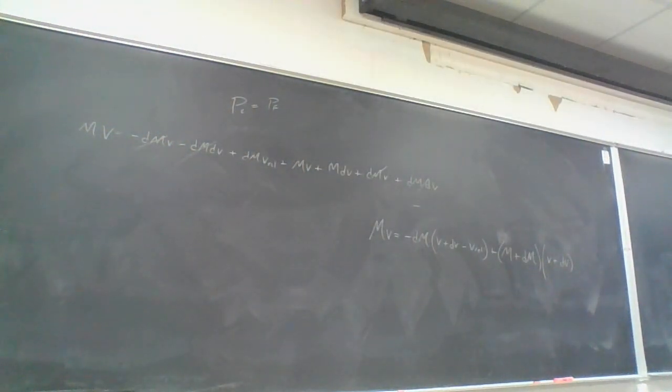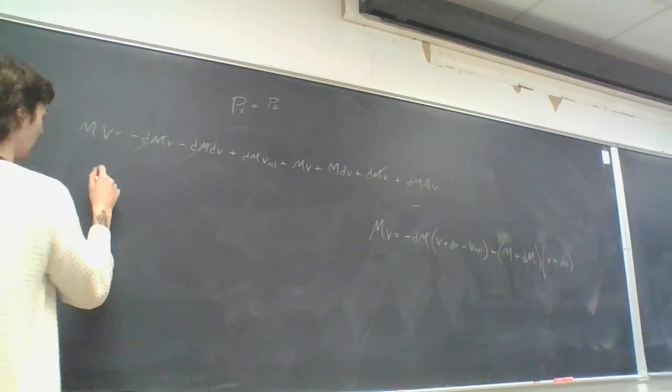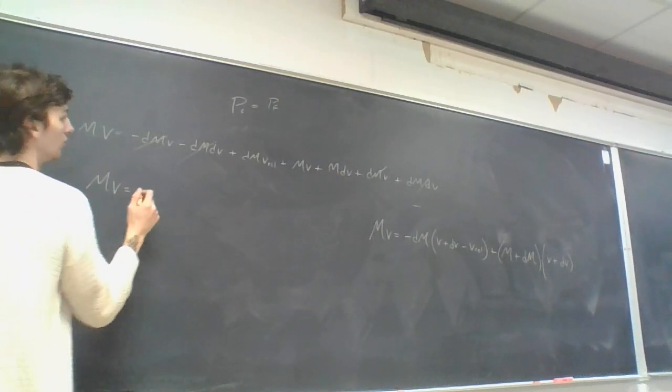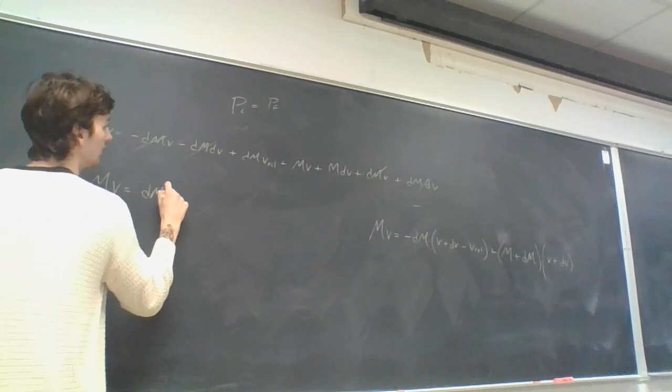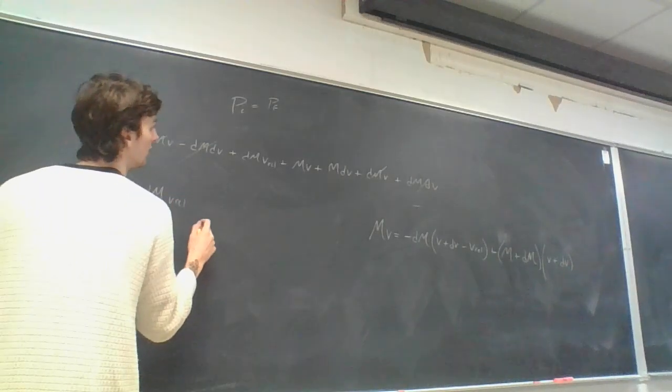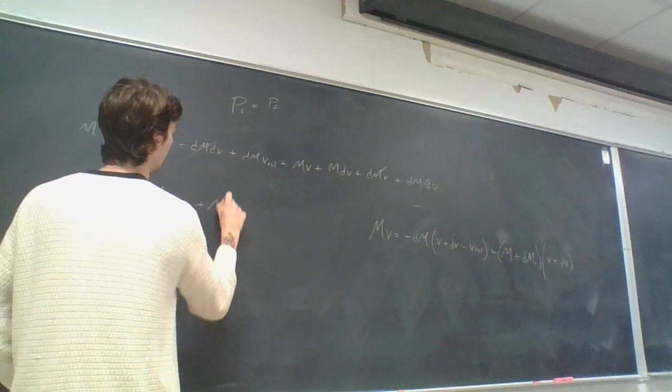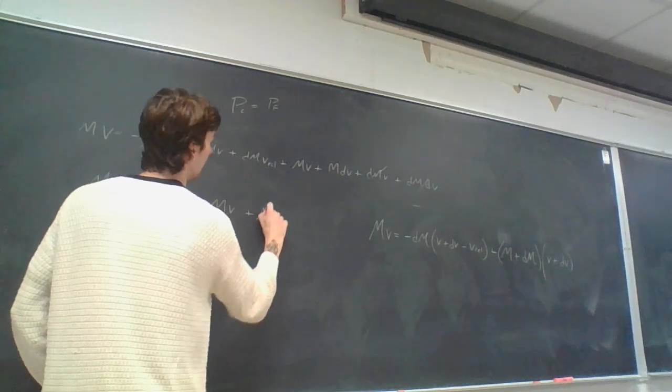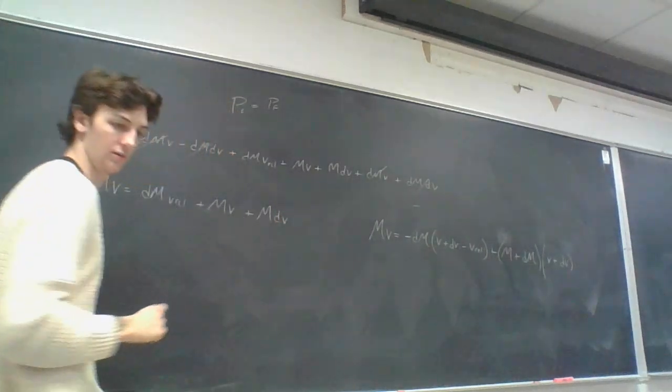Everybody cool with that? So now we've got Mv equals dm v relative plus Mv plus M dv.